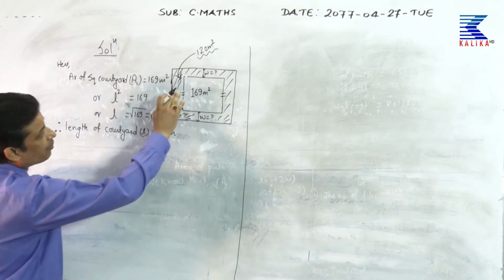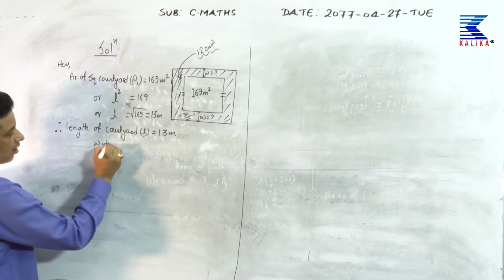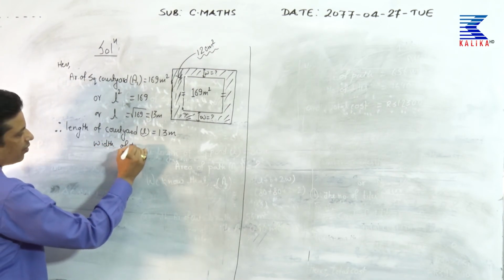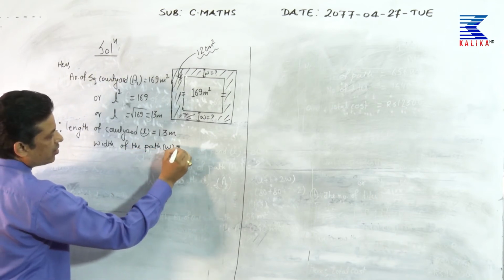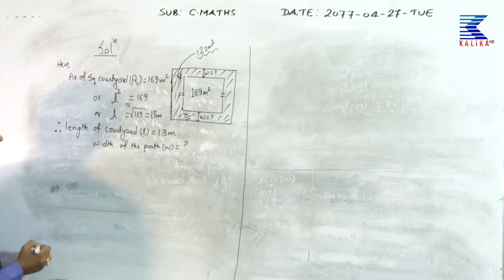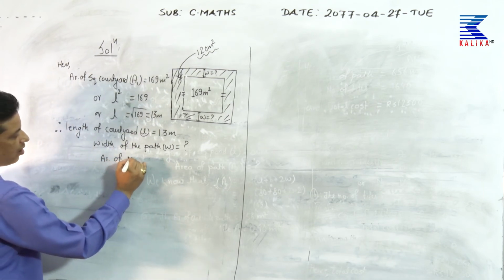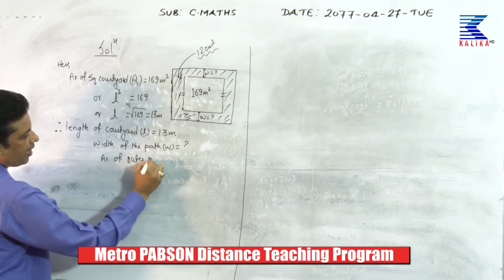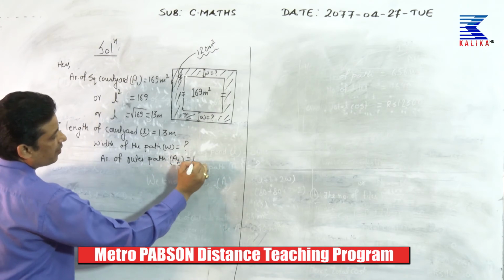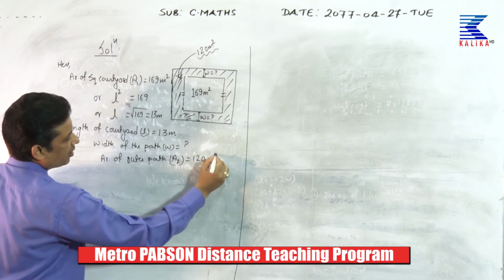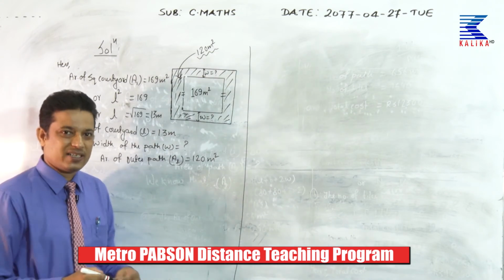We do not have the width of the path. Let us write width of the path W is equal to what? Area of the outer path, let us write A2, is given as 120 square meter. Now, a simple question I want to ask my dear student.